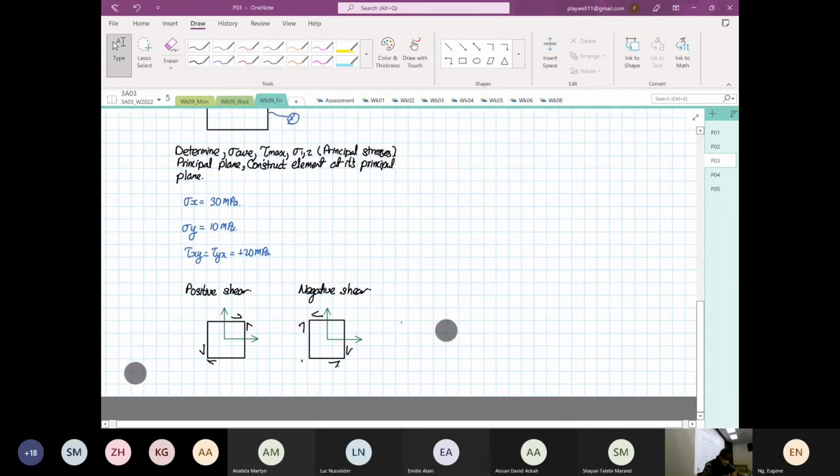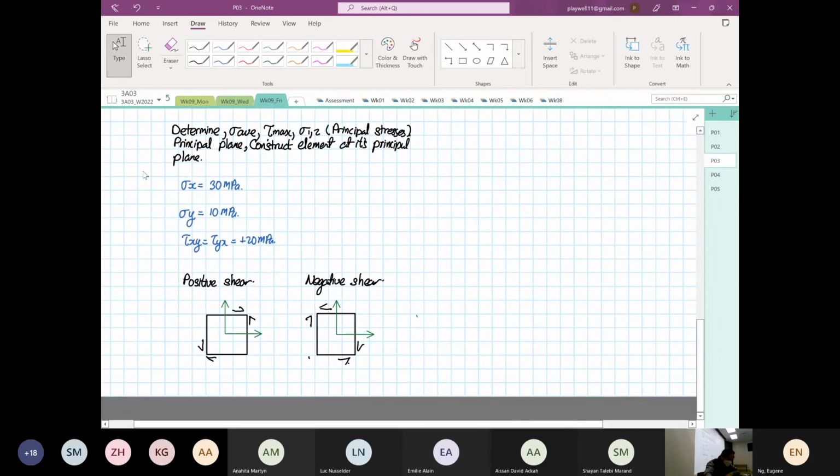So if you look at the deformation pattern, I'm going to sketch in red how the element will deform when it's positive shear. So the deformation looks this way for positive shear, and then I'll draw again for negative shear.